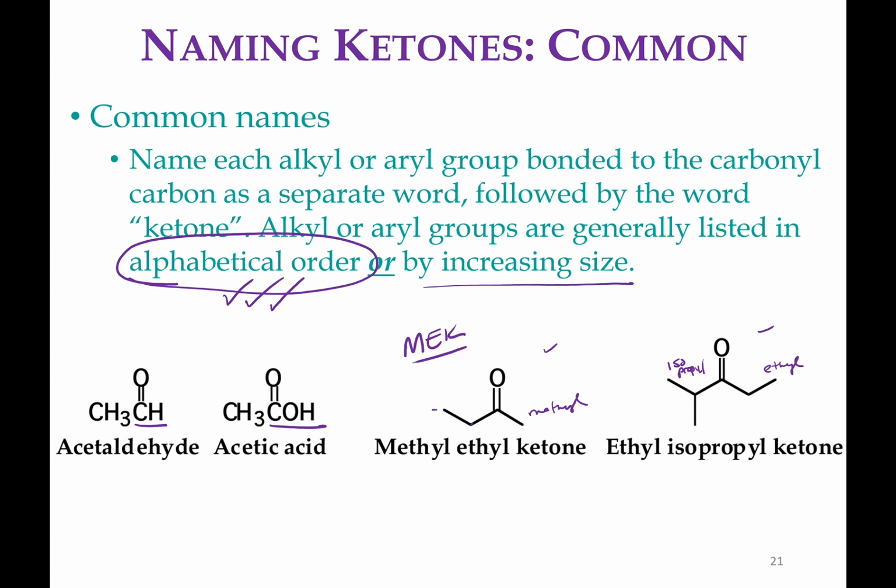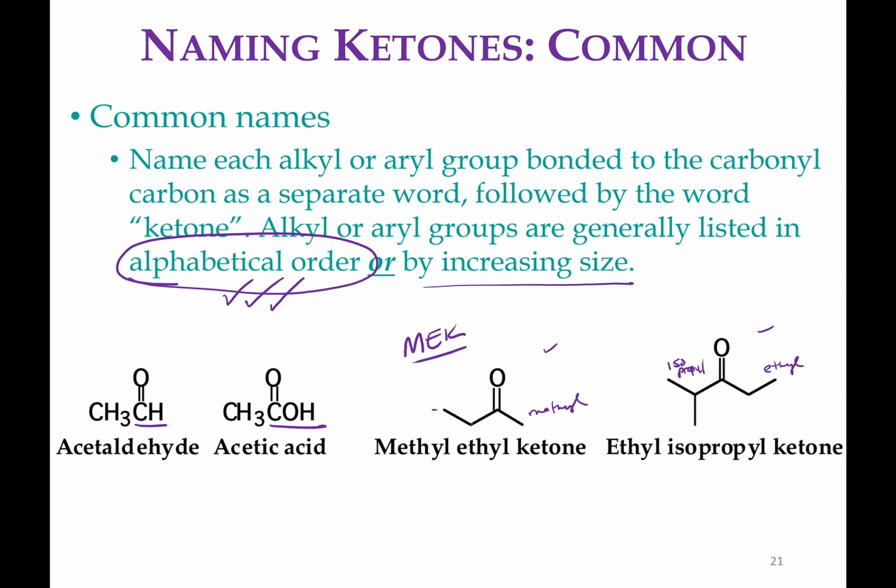But since alphabetical order is always an accepted way to do that, I don't see why you would fill your brain with which ones are and which ones are not allowed to do increasing size order. But in this case, ethyl isopropyl ketone is what this one would be named. So, all right, moving on.